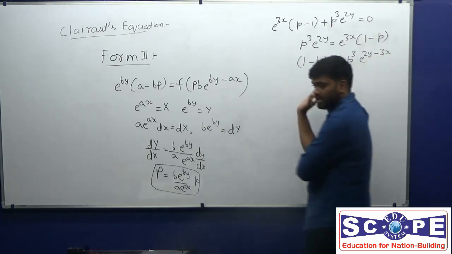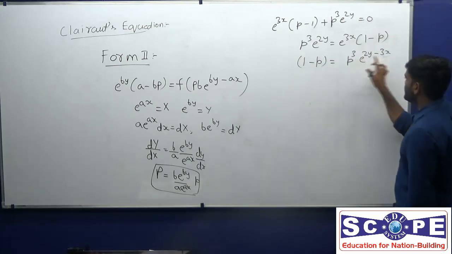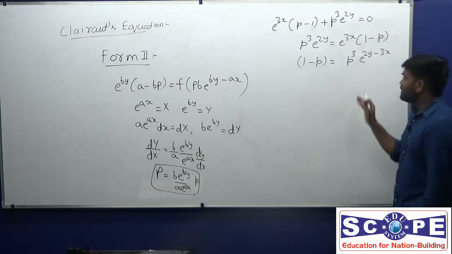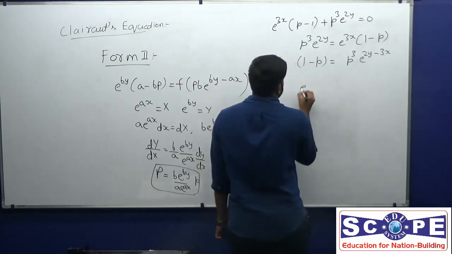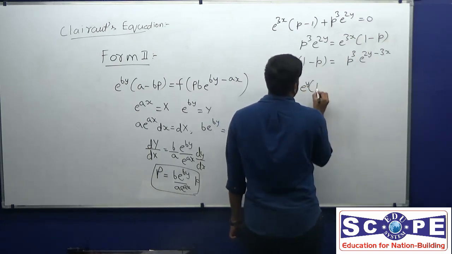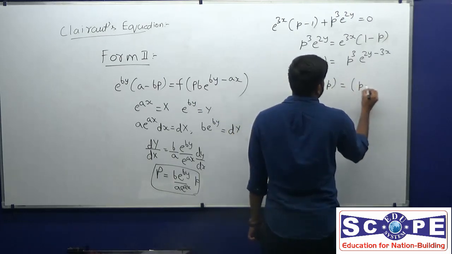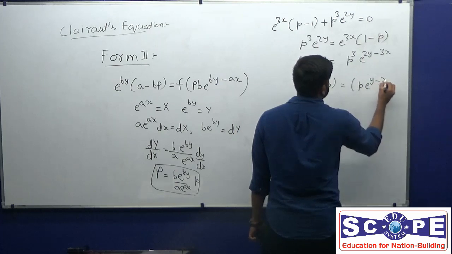Till now it is clear, right? Here what will we do? We have a cube here, and we are missing only the e power y term. So try to multiply e power y on both sides, so that you can simply write e power y into 1 minus p equals p e power y minus x, whole cube.